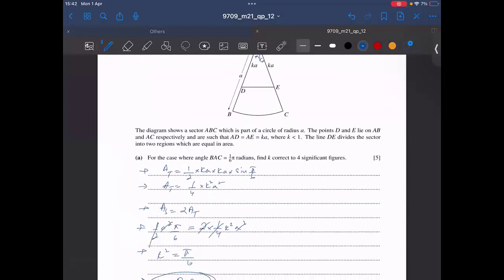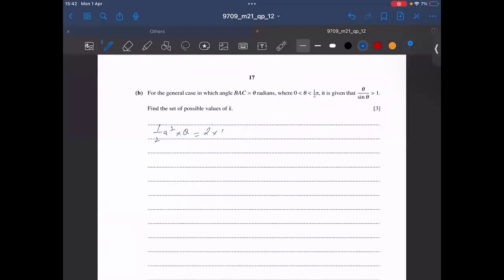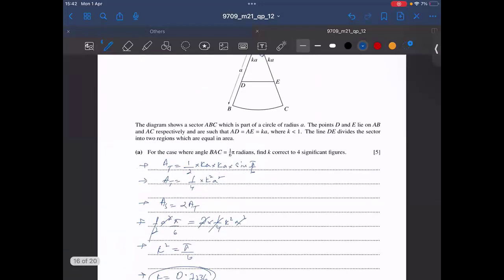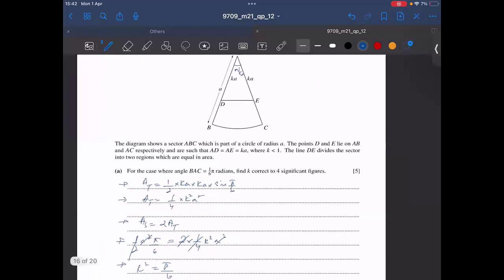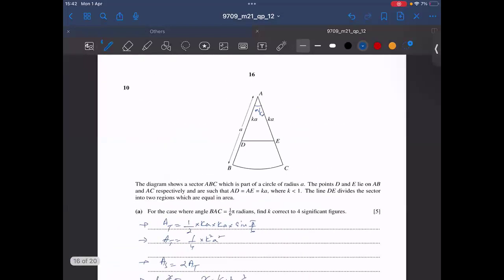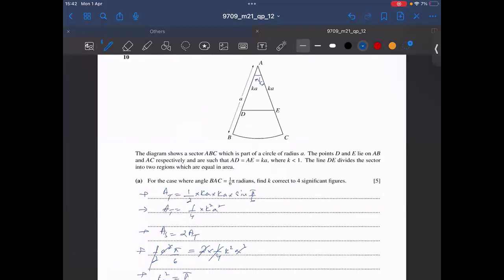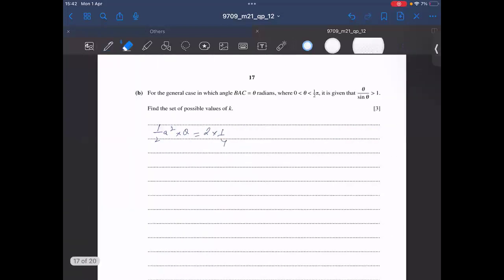So half A square theta is equal to 2 times 1 over 2 A square K sine theta.